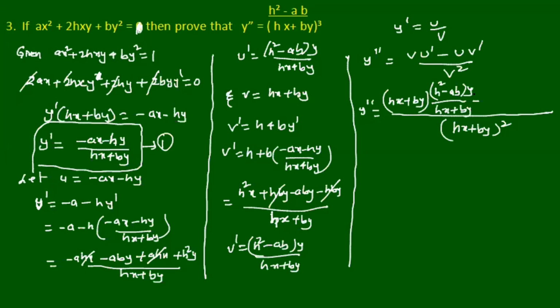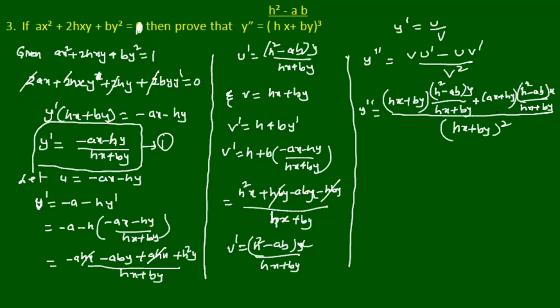So I can write it as minus of minus plus ax plus hy into v dash is h square minus ab into x, sorry, h square minus ab into x by hx plus by. h square x plus hby minus abx minus hby. So hby gets cancelled, h square minus ab into x.